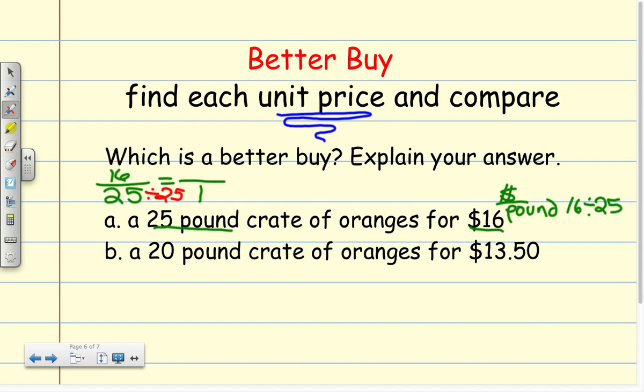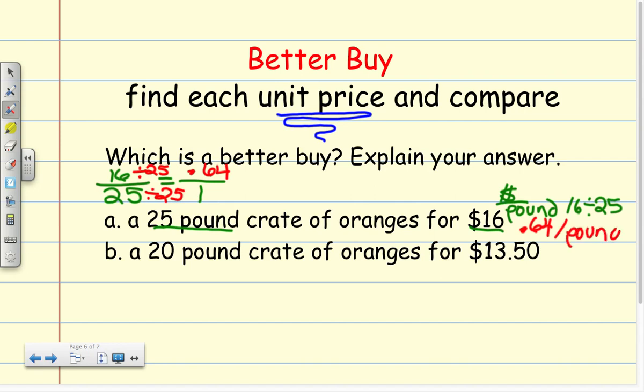And then I divide through here by 25. I go 16 divided by 25 is 64 cents. So it's 0.64. So what this means on A, I say this was 64 cents per pound.